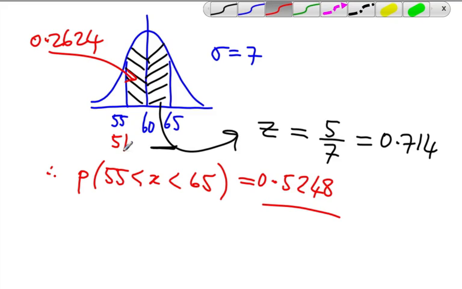And then on this side, we would go, oh, it's 51 to 60, which is 9. So we'd go 9 over 7, and then we would look it up and we'd get a number, and then we'd just add them together. So as I say, this one is made easier by the fact that both sides are the same, therefore we only have to work out one and then double it.